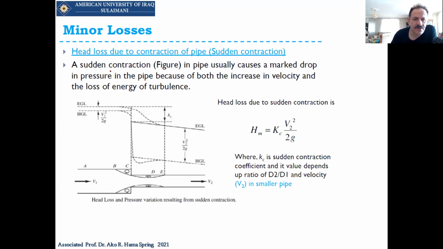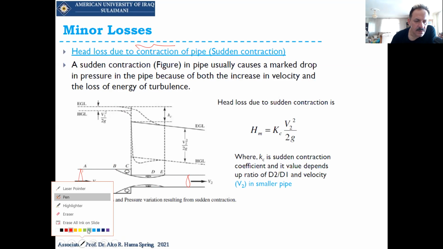For example, the first head loss is due to the contraction. The definition of this contraction is that we have a higher diameter and then a smaller one. Here you can see the pipe wall, the yellow thing.